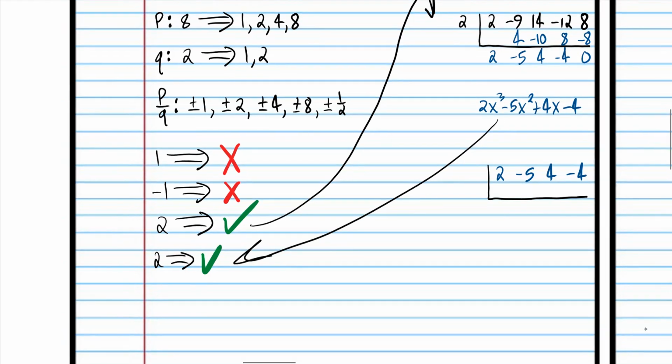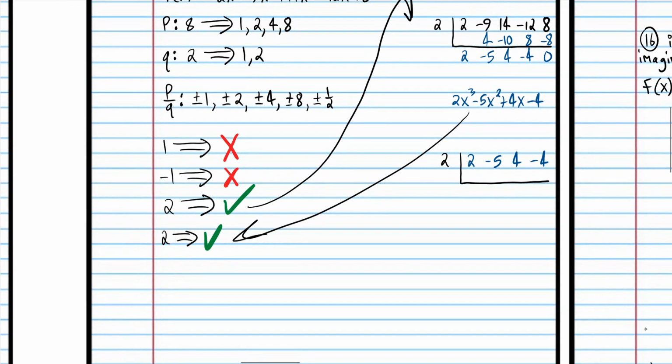And we're going to divide again by 2, or x minus 2 I should say. So we're going to bring down the 2. We always start by bringing that number down. Then we're going to multiply these numbers and we get 4. Then we're going to add these numbers, we get -1. Then we're going to multiply these numbers, we get -2. Then we're going to add these numbers, we get 2. Then we're going to multiply these numbers, we get 4. And we're going to add these numbers and we should get 0 if we did it correctly, and we do.